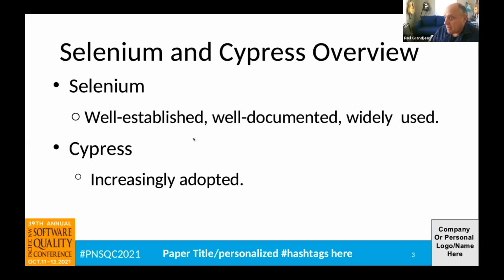So an overview of the two tools. So Selenium, you probably know, has been around quite a while now. It's pretty well established. It's very well documented. It's widely used internationally. It's almost really the go-to, or probably is the go-to for automated end-to-end testing.